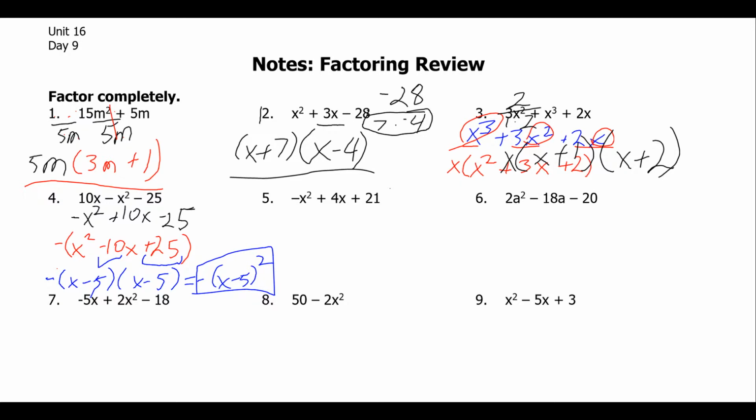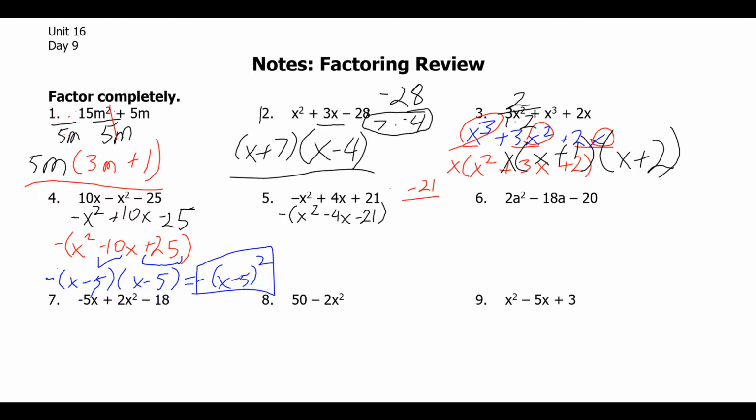Alright, number 5. Standard form, yes, but I don't like this negative sign on the front, so I'm going to go ahead and factor that out. So I'm going to have x squared minus 4x minus 21. Now, where can I go from here? Well, I need to find some factors of negative 21. So let's see.